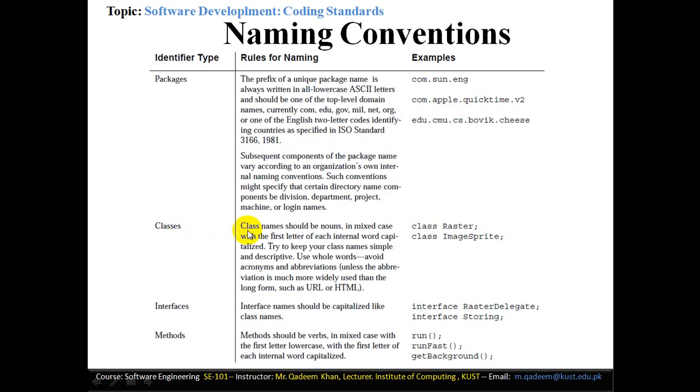Classes. A class, in fact, is a piece of code which contains data and member functions. The member functions operate on the data members. Class is a keyword, and every class name should start with a capital letter, for example Raster, and the next letters should be small.